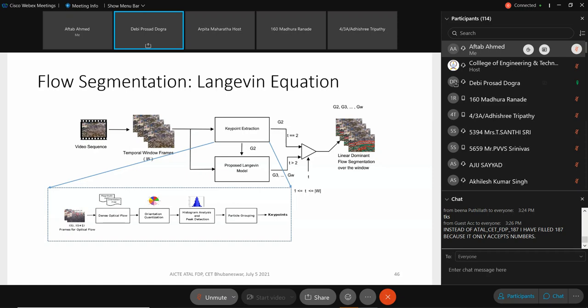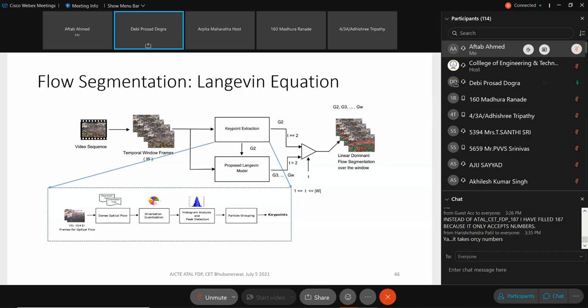Now, how have we applied it? If you would like to do optical flow calculation in each and every frame, it is a time-consuming process. What we did here was apply optical flow at certain intervals. In between the interval frames, we predicted the positions of these pixels or groups of pixels within the neighborhood with the help of this Langevin model.